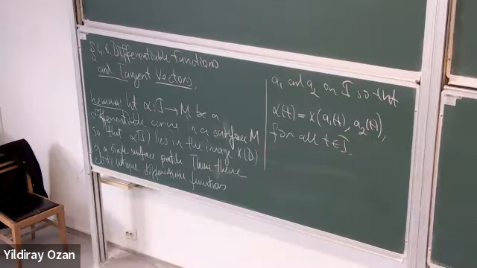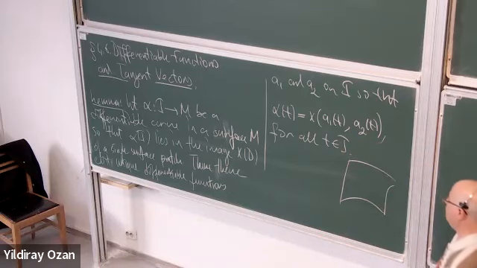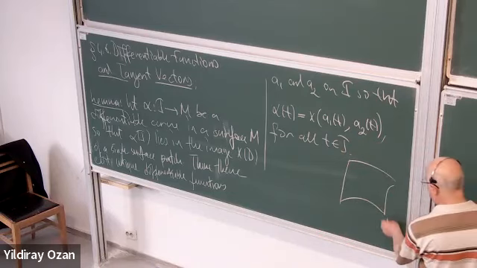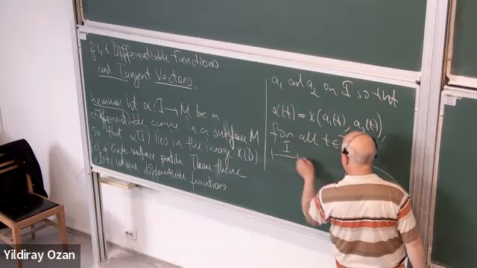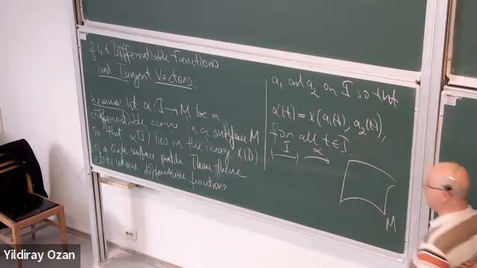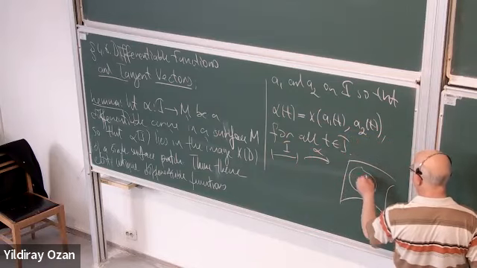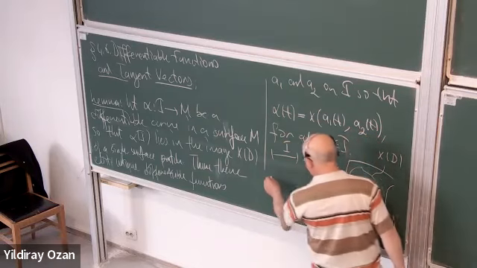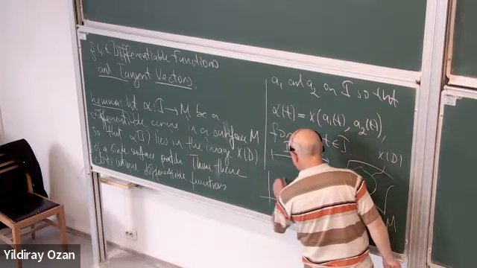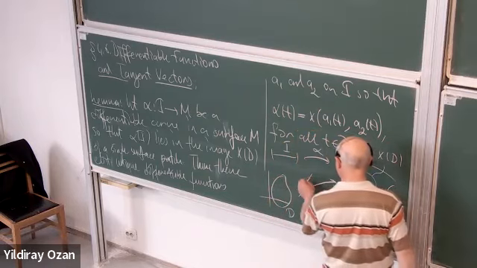So what does this tell us? Suppose this is our surface and we have some interval and a curve alpha, so that the image of this curve lies inside the image of a single surface patch, let's say x of D. And what is D? D is a region in R2, and this is a surface patch.